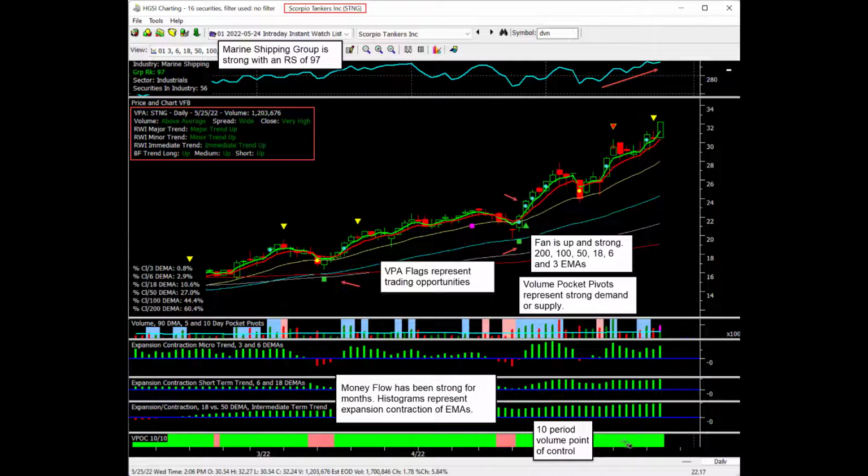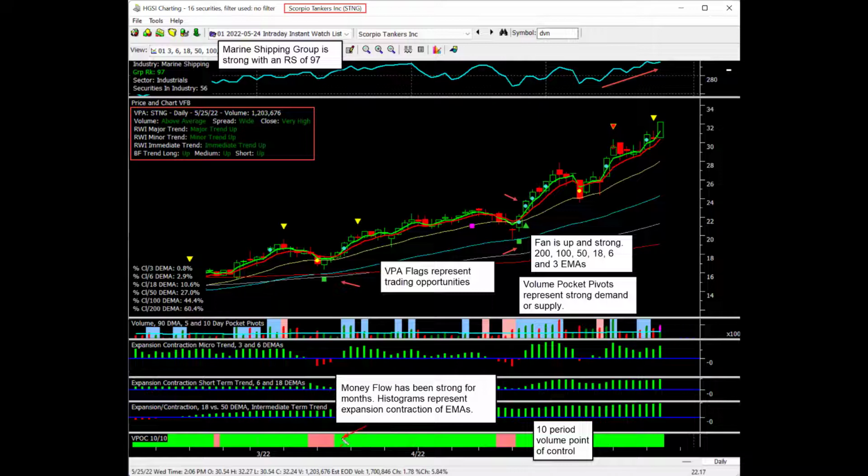Now I have one more window down here. It has green and rose. When it's green, that means the bulls are in control based upon the volume point of control 10-day. It's a very short-term indicator, but you can see that there are some good buy and sell areas.